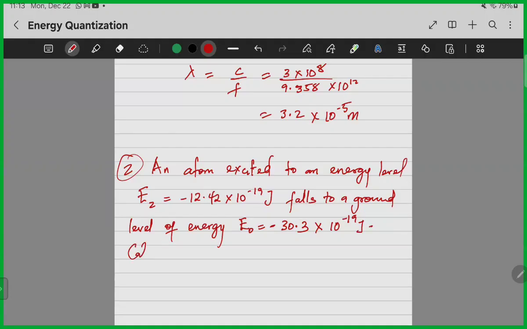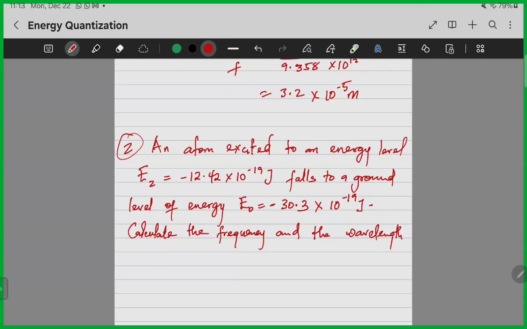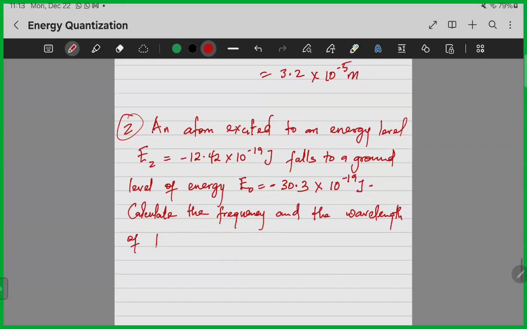Calculate the frequency and the wavelength of the emitted photon.